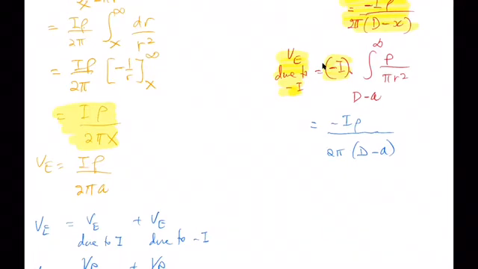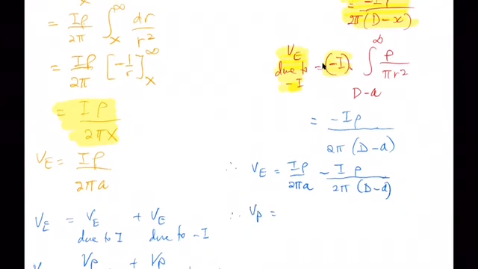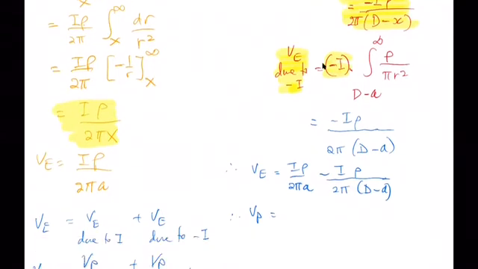So now is the time for us to give the answer for VE and VP. Therefore, VE is equal to, first, due to I, which is I rho over 2 pi A, and second, due to minus I, which is this one. And VP is, the first one, I rho over 2 pi X, and minus I rho over 2 pi, 1 over d minus X at the top here.